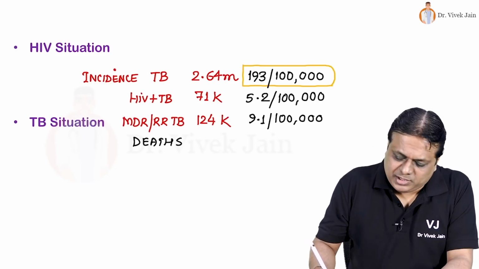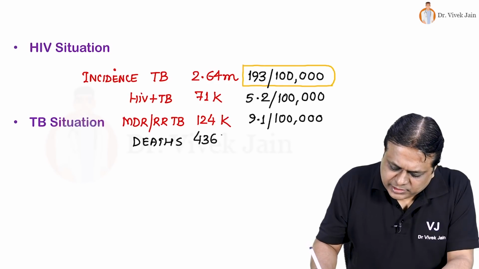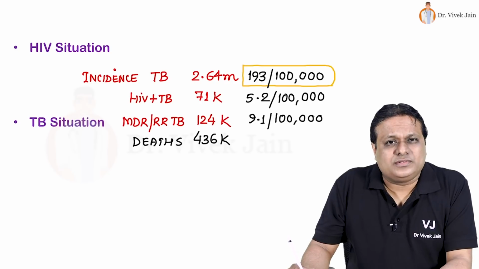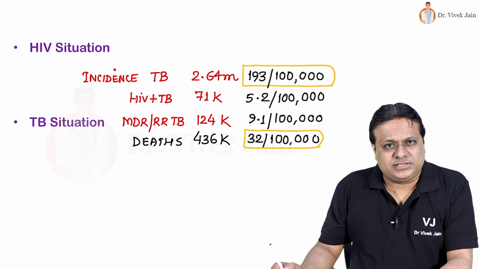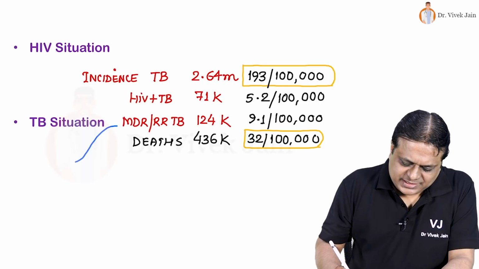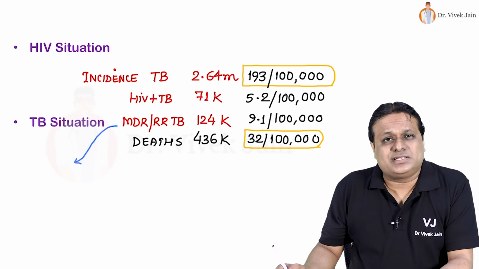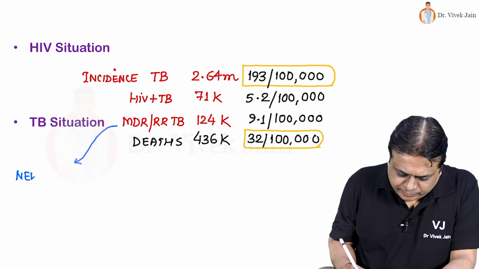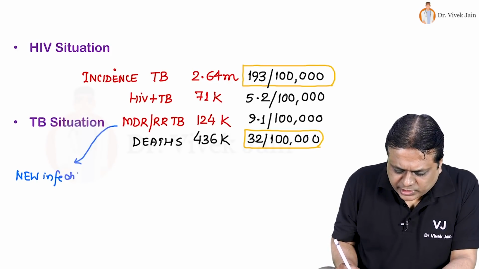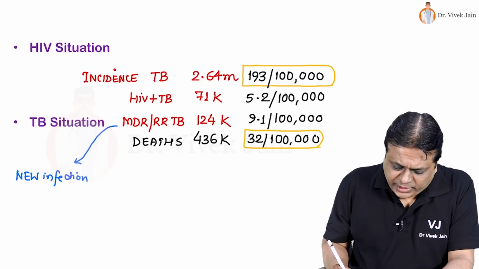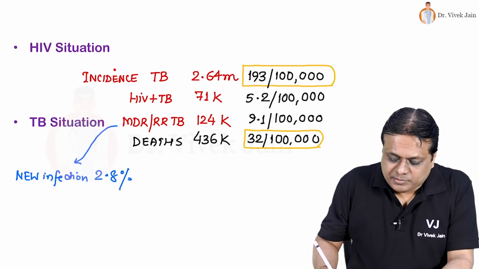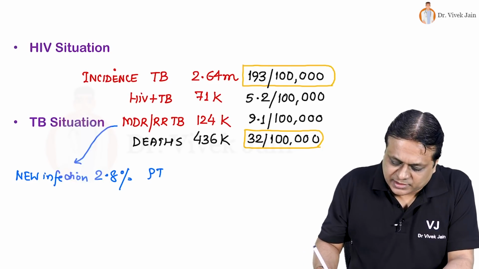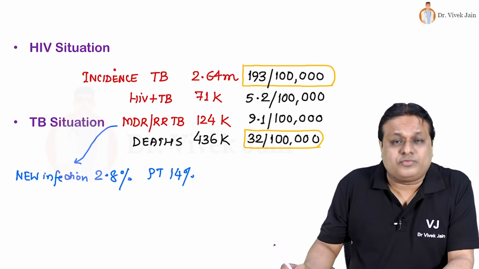Deaths in TB have been reported to be 4,36,000 in a year, giving us a rate of 32 per 1 lakh population. When we look at resistance cases, MDR TB cases, please remember in new infections it has been reported low, up to 2.8% only, but in previously treated cases this goes slightly higher, up to 14% of total cases.